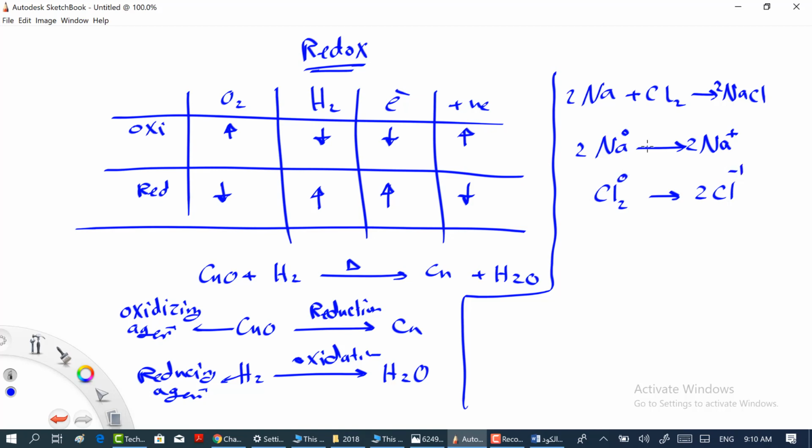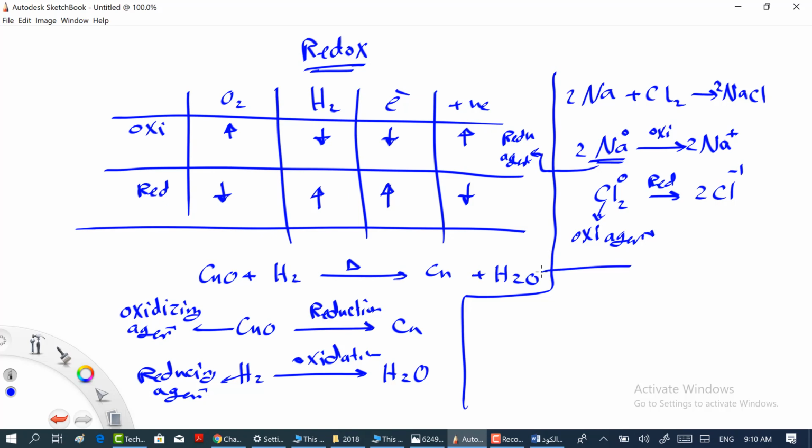In such time, we'll find an increase in the positive charge, which means losing electrons. Losing electrons is oxidation, and the sodium is a reducing agent. For chlorine, it changes into negative 1, gaining electrons, so it is reduction and it is the oxidizing agent.